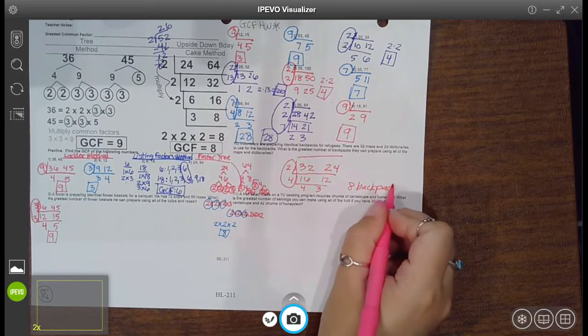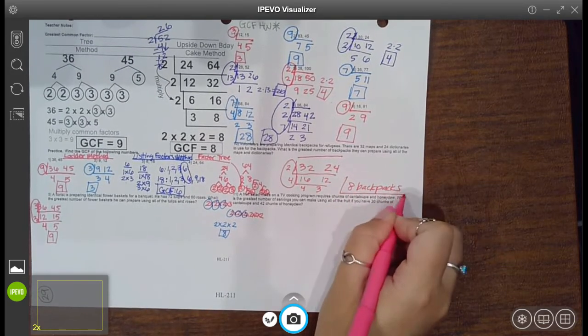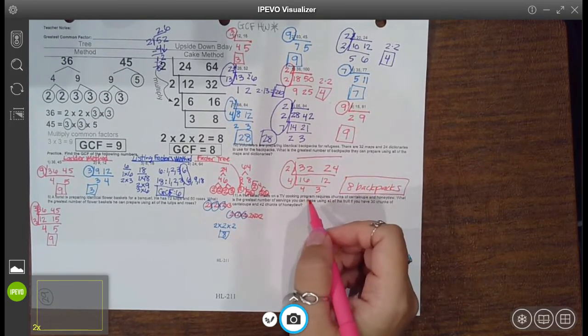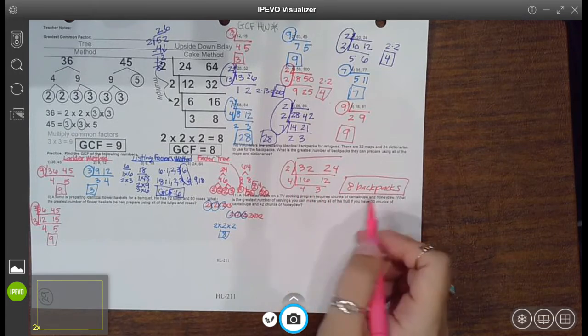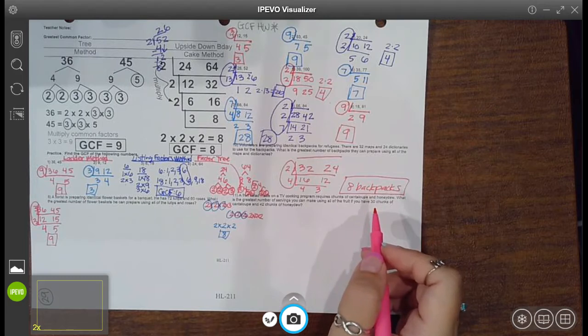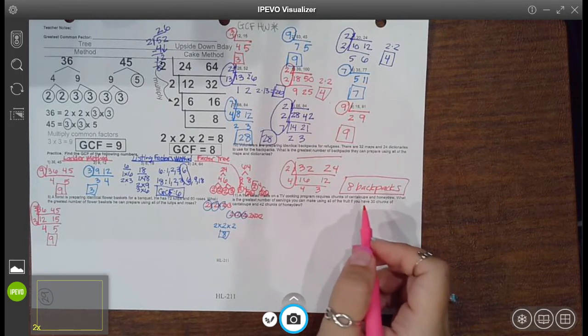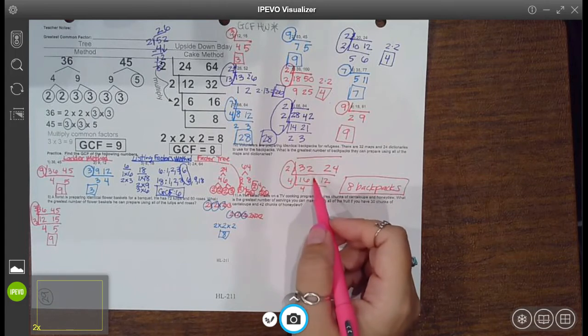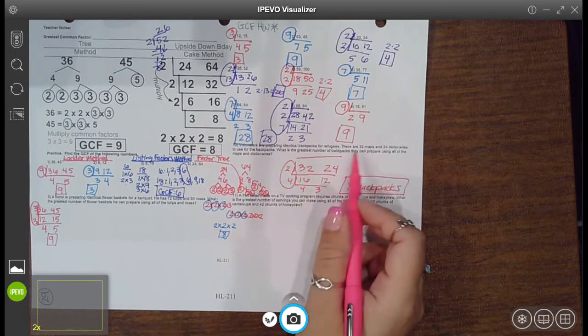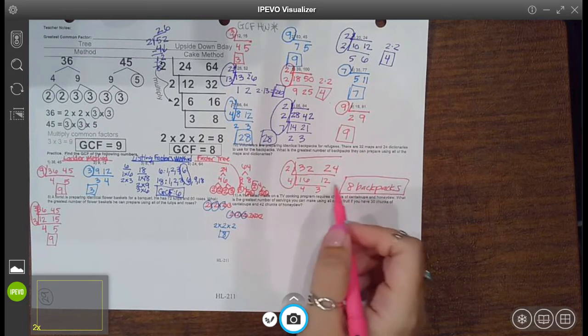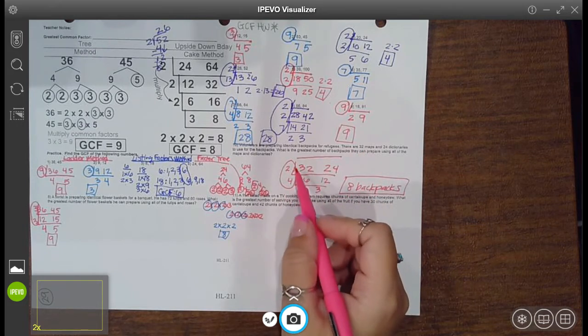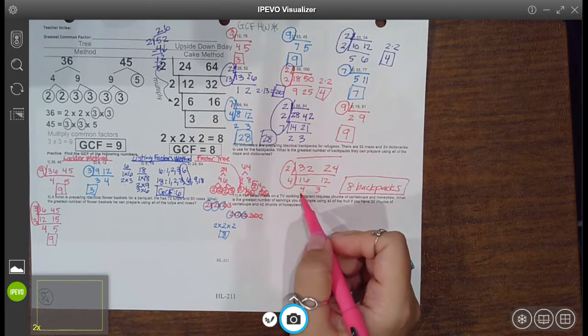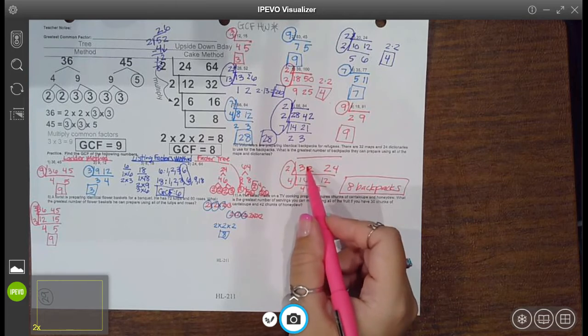Now here's the really cool thing about using the ladder method, which is why it's one of my favorites. The GCF tells you how many backpacks you're going to use, like the number of groups of whatever you're talking about, right? And then these numbers down here actually stand for something. 32 was talking about the number of maps, so that means there's 8 backpacks, and in each backpack, there's 4 maps.